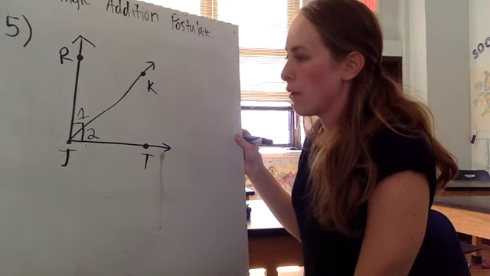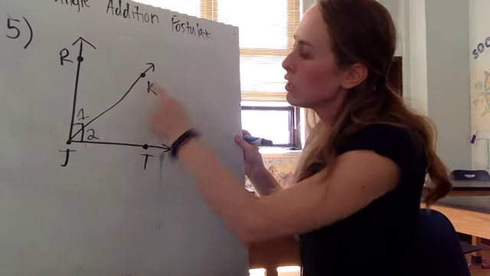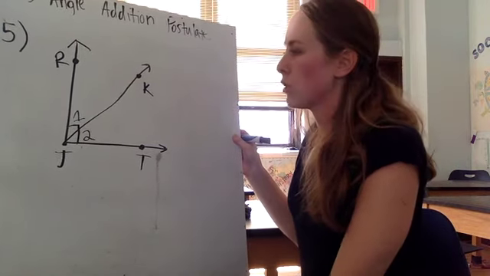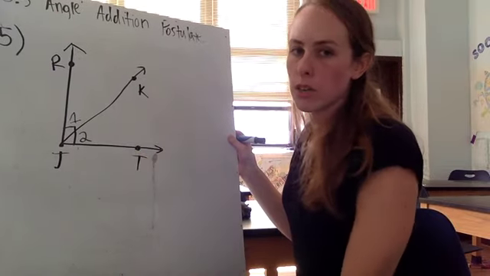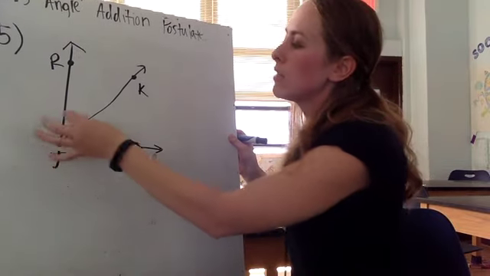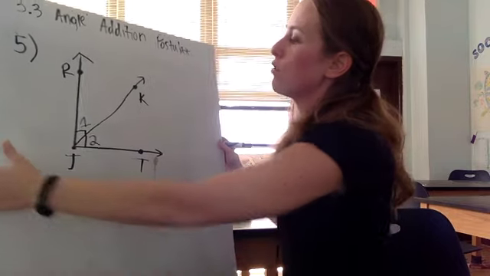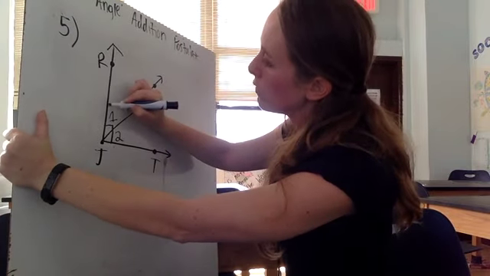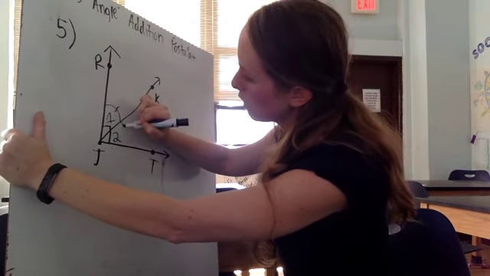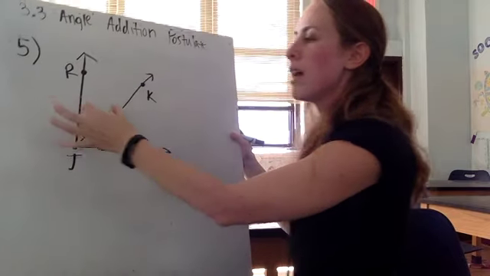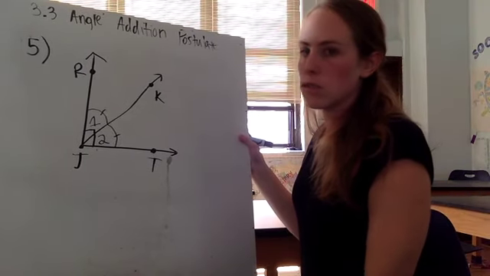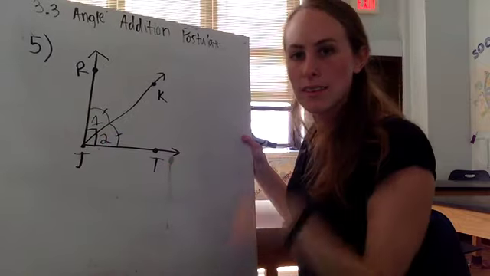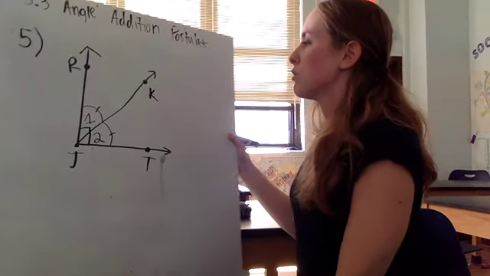How do I figure this out? Well, I know that JK is an angle bisector, which means it bisects the angle. It cuts the angle into two congruent angles. So I'm going to mark that the angles are congruent with the loopy and the tick mark, to show angle 1 is congruent to angle 2. Why? Because that's what bisecting does. It cuts it into two congruent angles.